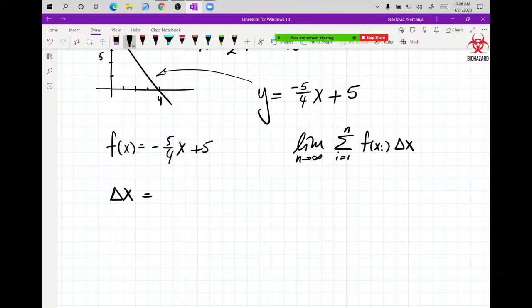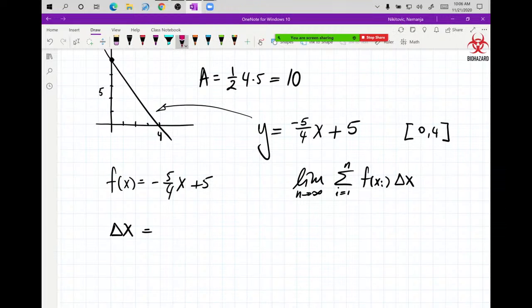We see that our interval is 0 to 4, right? Because you are looking for area under this triangle right here. And the interval is the entire rectangle left to right. The most left and the most right points are 0 and 4. So that's easy, right? We got that one.